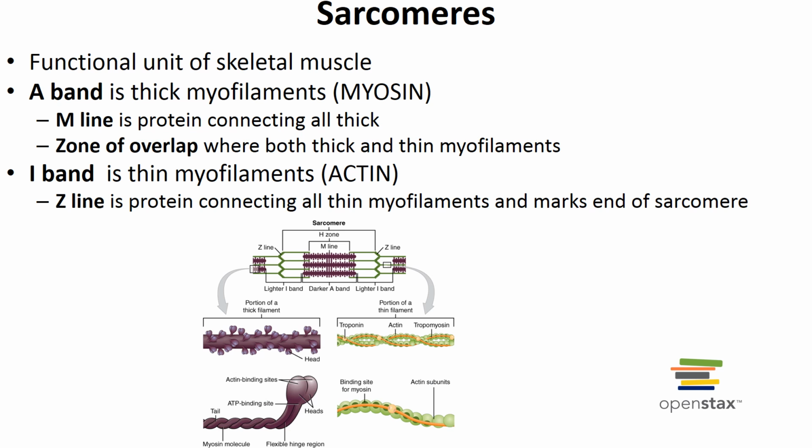Now here is the sarcomere, which, as I noted, is the functional unit of skeletal muscle, and you can see in a little more detail the regions that we discussed: the M line, the I band, the A band, and the Z line.